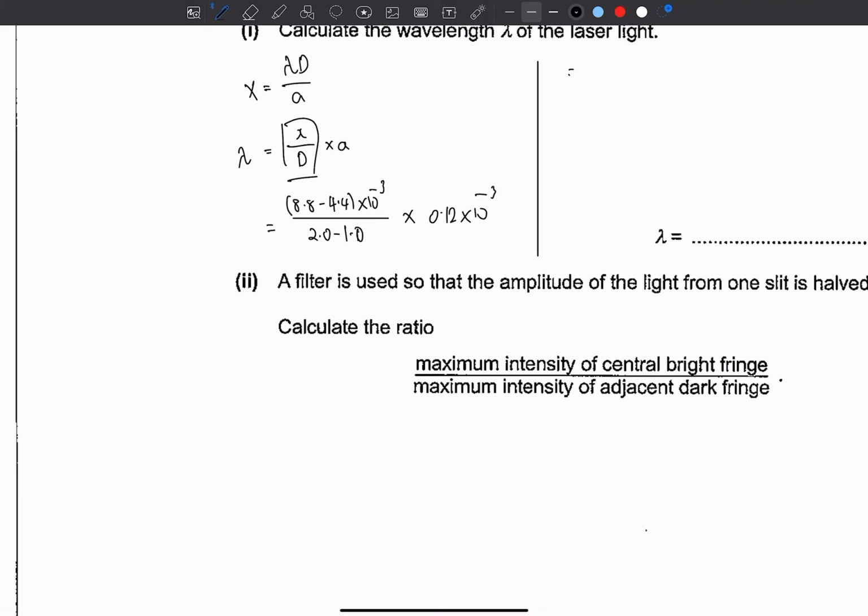We will get 5.28 times 10 to the power of minus 7 meters. Round off to 2SF. And there we go.